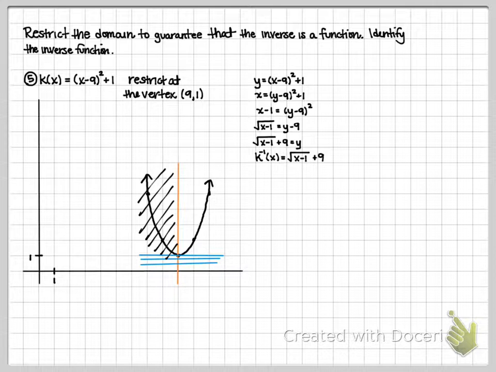Now I have to rename or rewrite k with its restriction. Alright, so I take my k of x function, the original one I started with, and I chose to go to the right hand side, so I need my x to be greater than or equal to the x value of the vertex, which is 9.